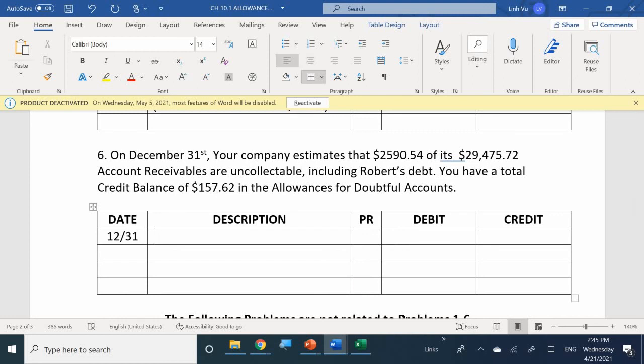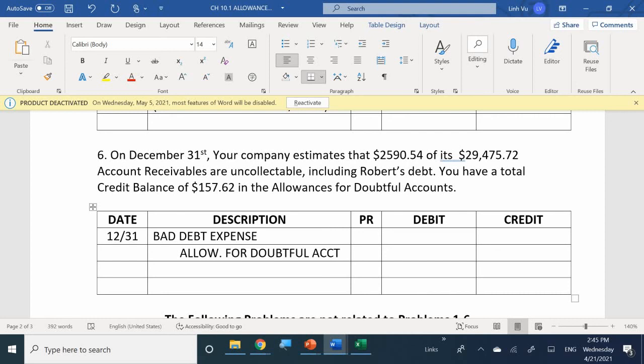So here, we're going to recognize bad debt expense. What else are we going to recognize? The allowance for doubtful accounts. Now let's determine how much.